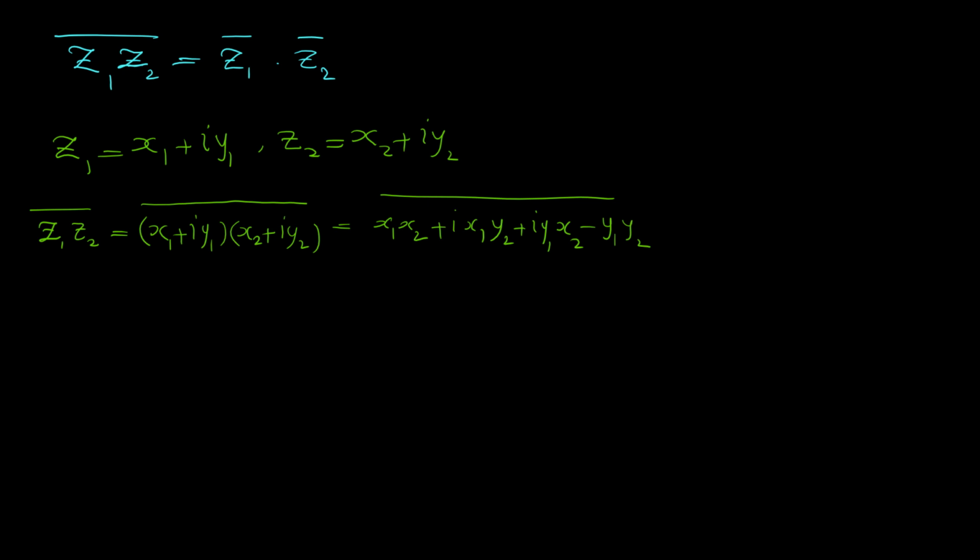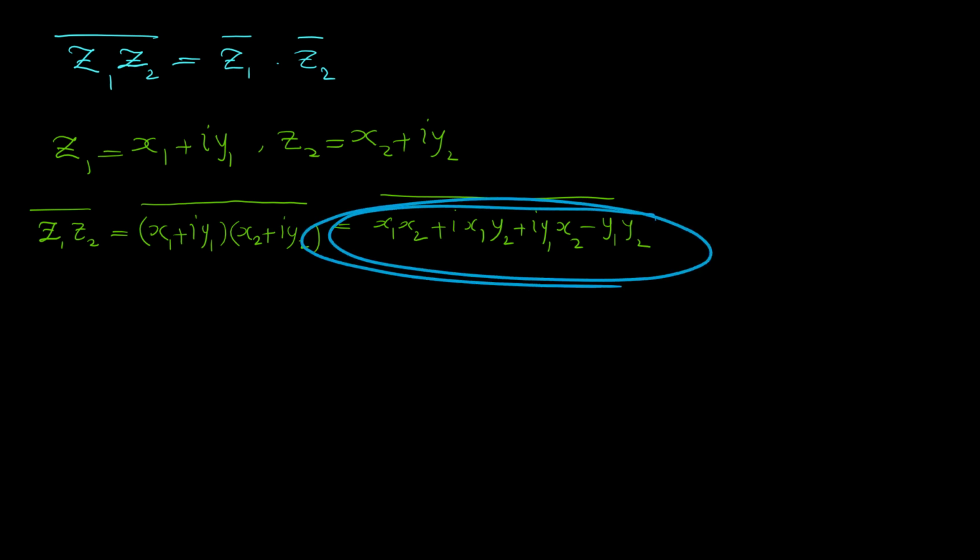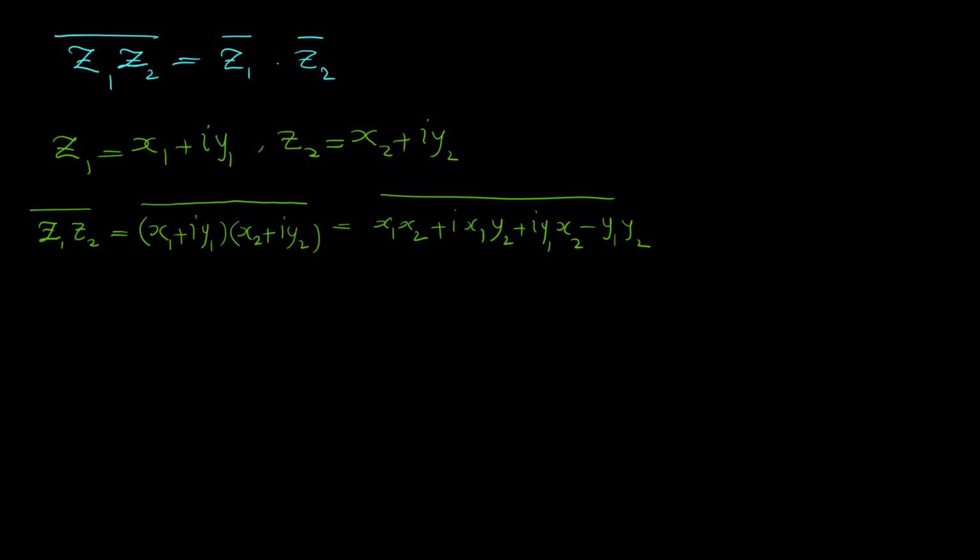Now we have to calculate the conjugate of this complex number that we have here. To find the conjugate of this, first, let's rewrite this in a proper form: x1 x2 minus y1 y2 plus i times (x1 y2 plus x2 y1).